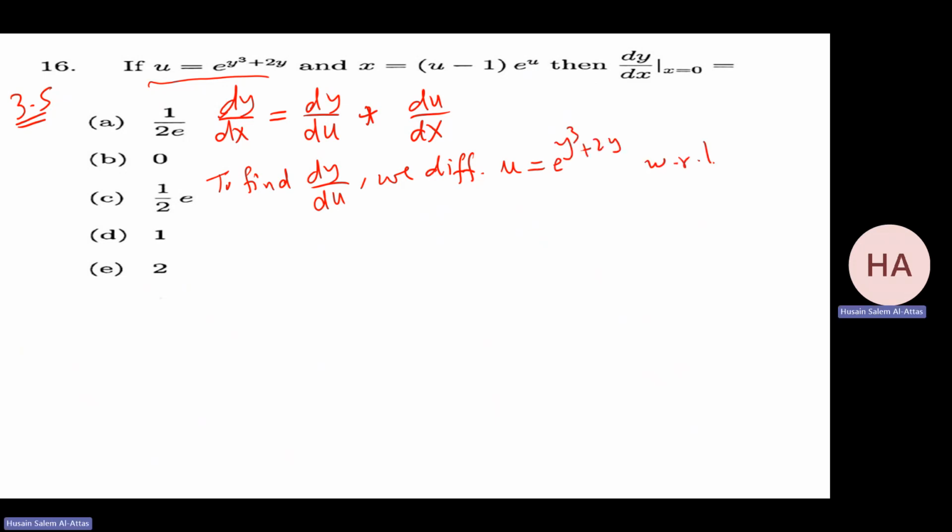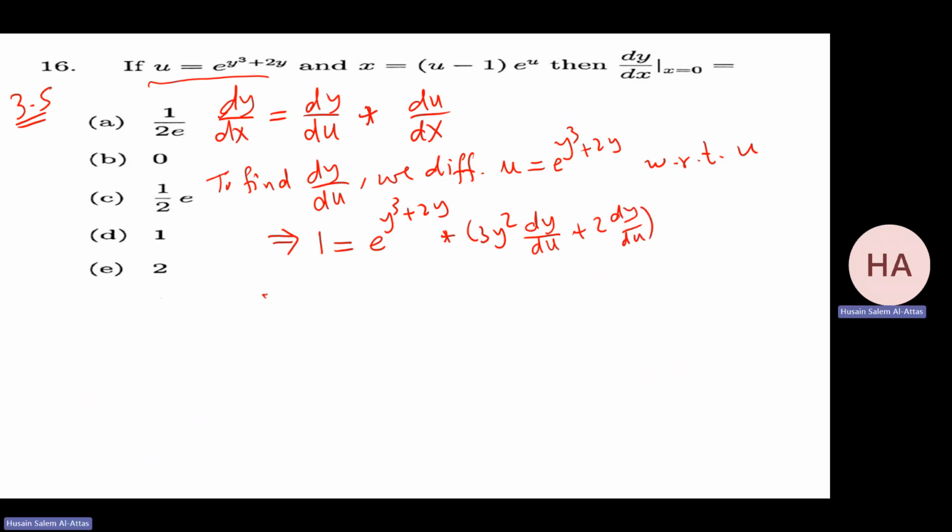with respect to u. So we get what? 1 equal y cubed plus 2y times 3y squared plus 2y times, actually it will be like this, 3y squared y prime plus 2y prime, not y prime, dy over du, which is dy by du plus 2 dy by du.